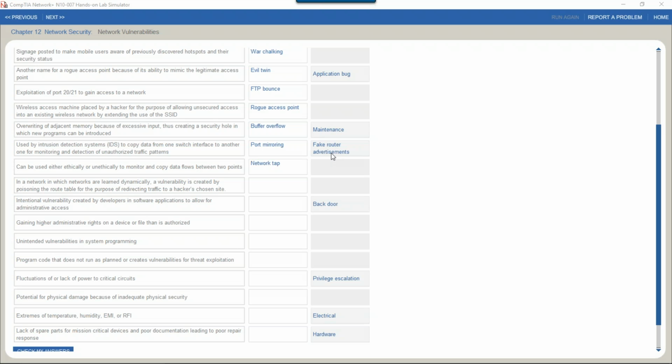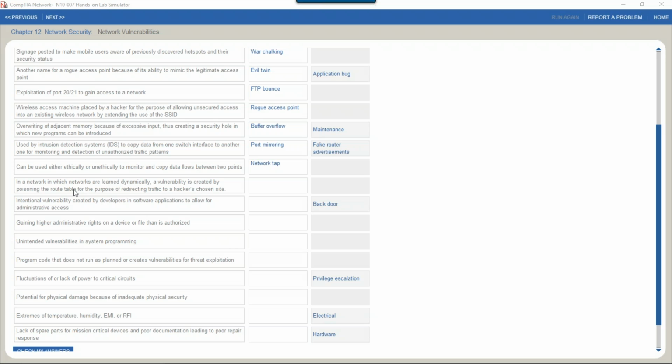They do it in different ways, but once the routers form their neighbors, they send out something called advertisements, and that's how they know the routes. So basically what they're saying is you have a network where you set up a routing protocol, and the vulnerability created is poisoning the route table.